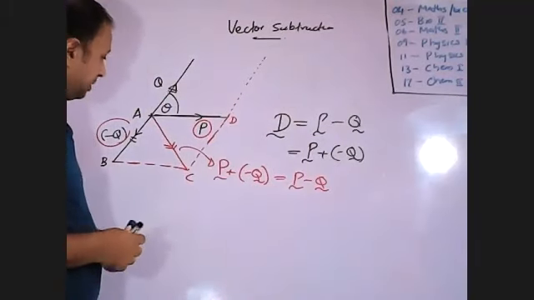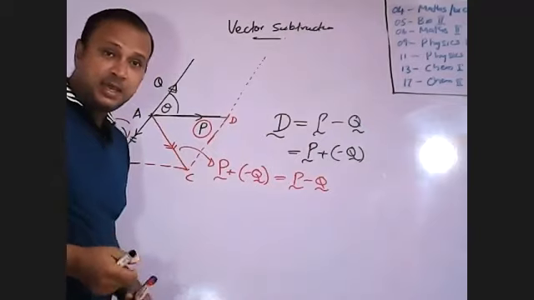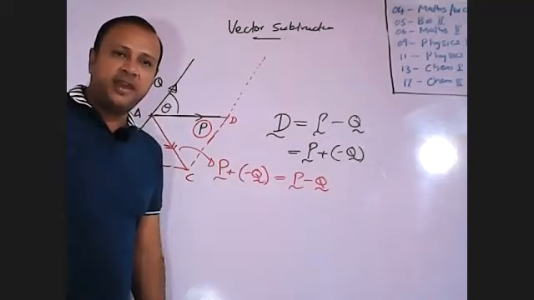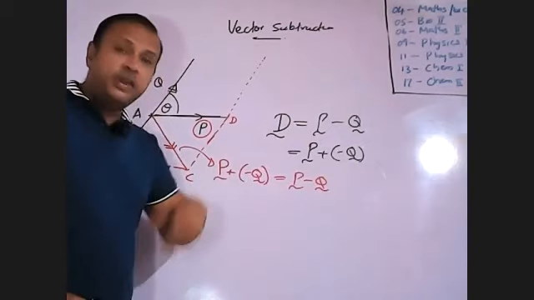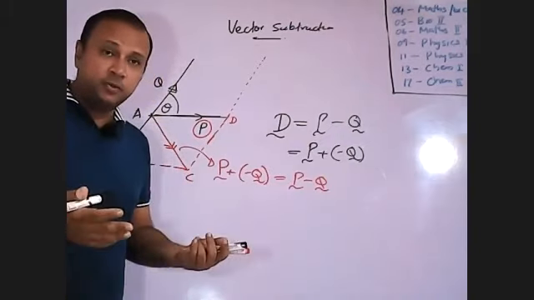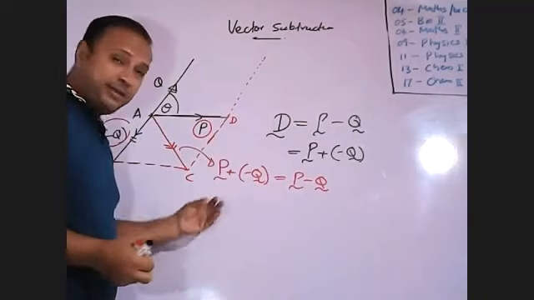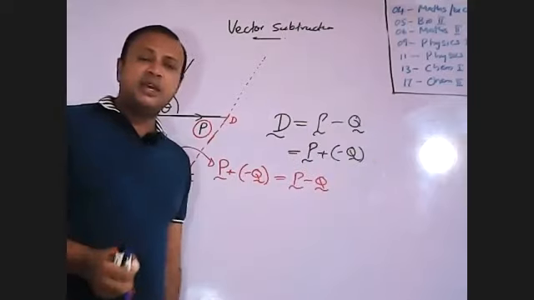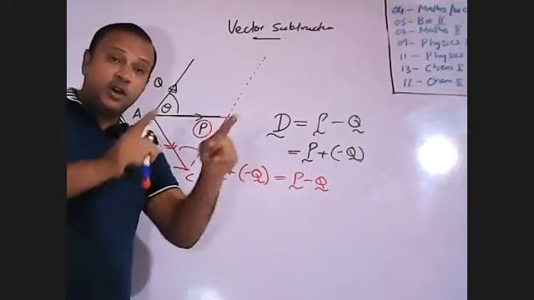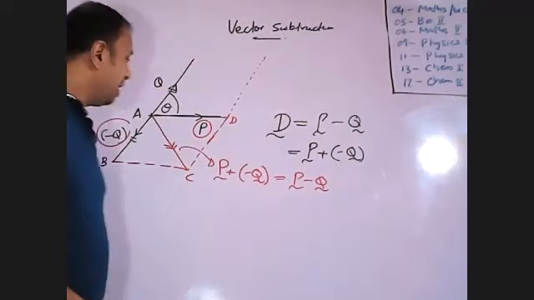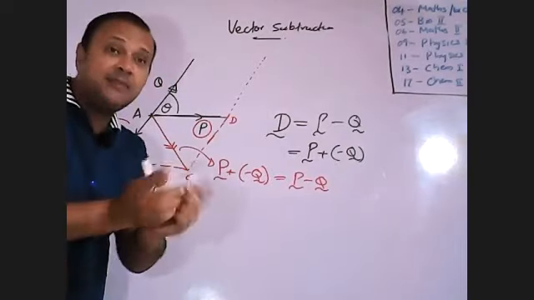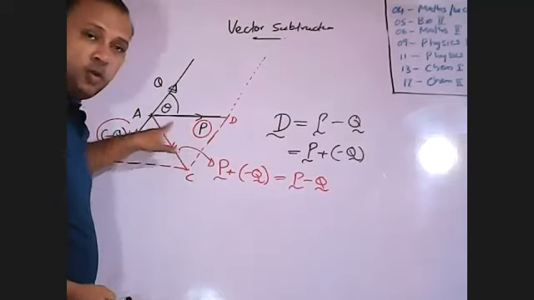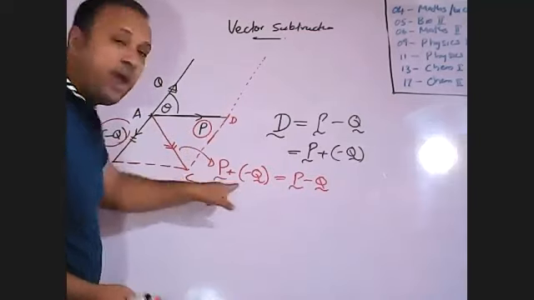Now we can qualitatively determine the P minus Q vector. Now we have to quantify that part. How to do that? We have to apply R squared equals P squared plus Q squared plus 2PQ cos theta. In order to apply that equation, I have to determine the angle between P and minus Q, because those are the two vectors I have added.